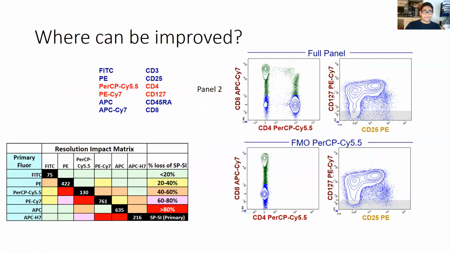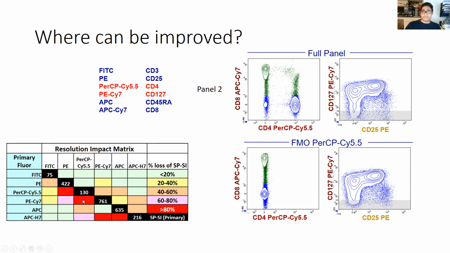Now we're going to do our own Treg panel. Here is the resolution matrix. We look at the original colors we used. We found the PerCP psi 5.5, which is here, and the P psi 7, boom, is red.